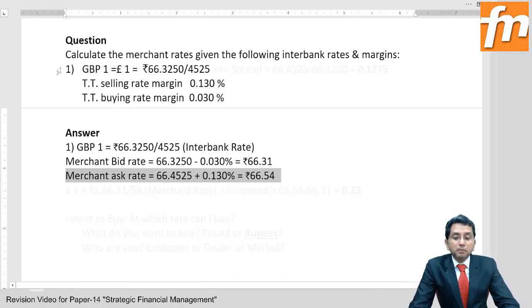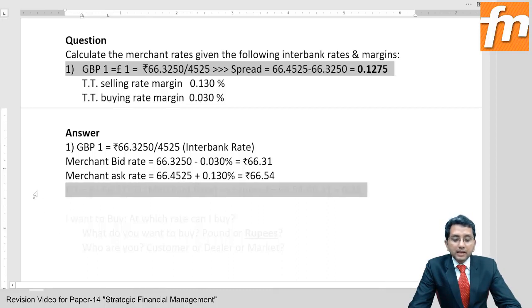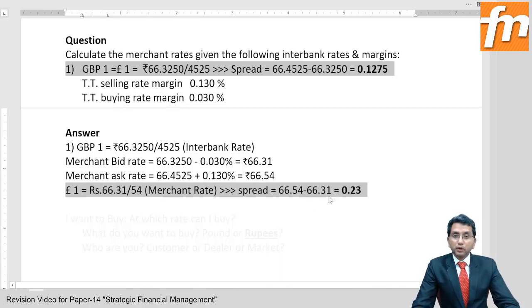Now I told you about the bid ask spread. If you calculate the bid ask spread over here, it will be 66.4525 minus 66.3250. So the spread in the interbank rate is 0.1275. Now, if I calculate the spread for merchant rate also, it is 66.54 minus 66.31.